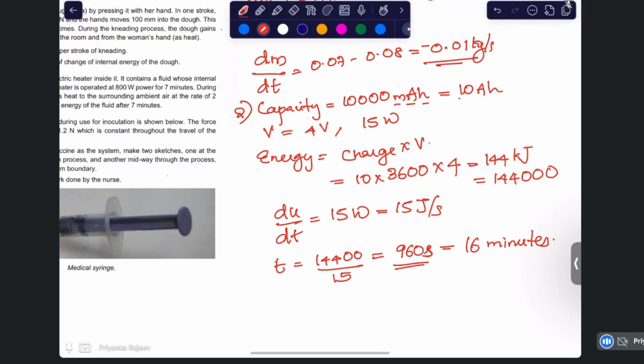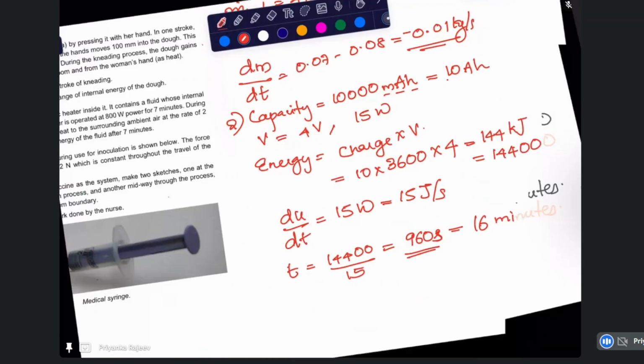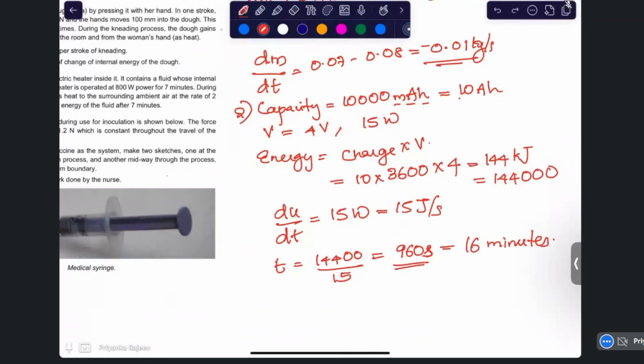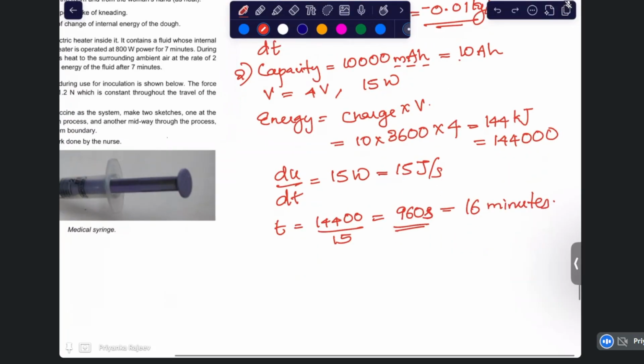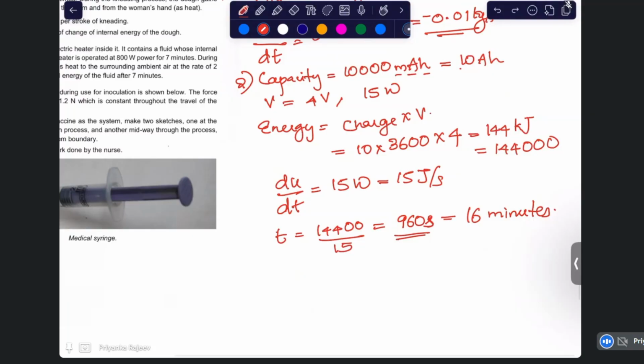So the capacity in ampere hour gives you the charge. I have converted 10 ampere hour to ampere seconds, and then times volt will give you the energy in joules or kilojoules.